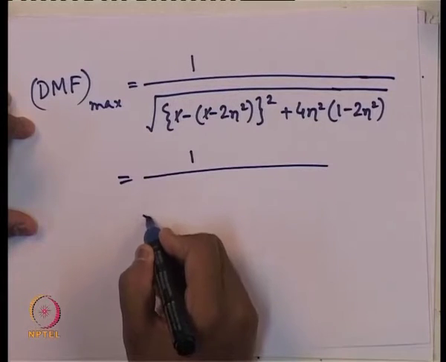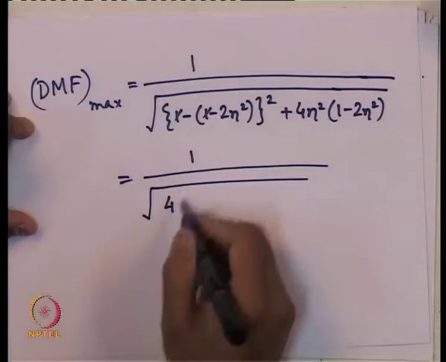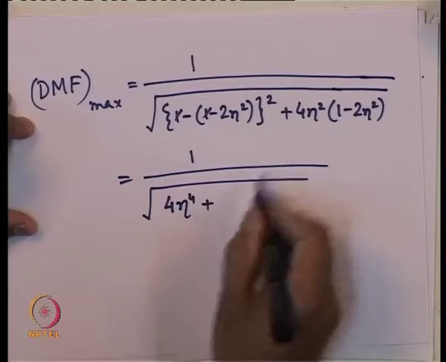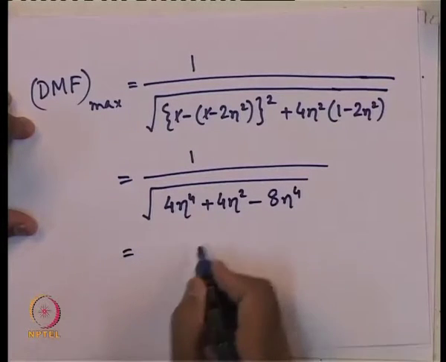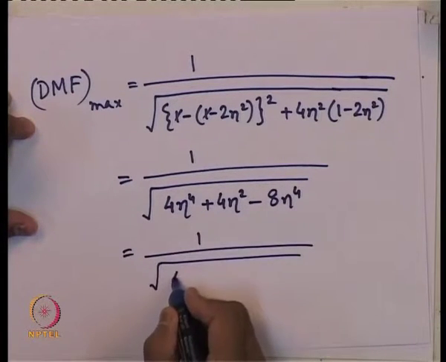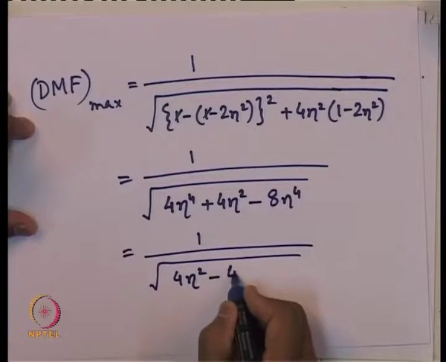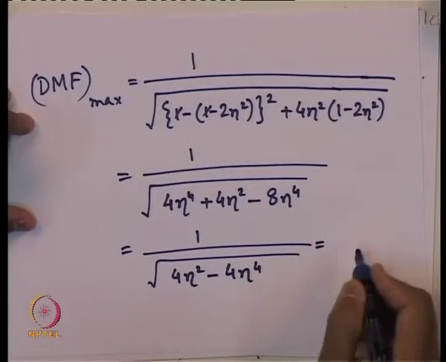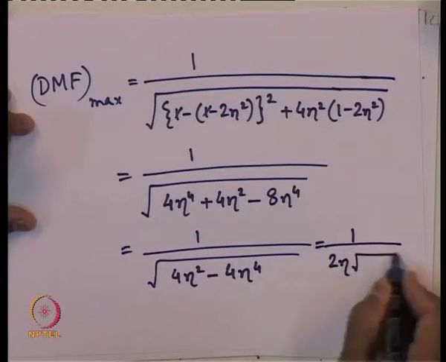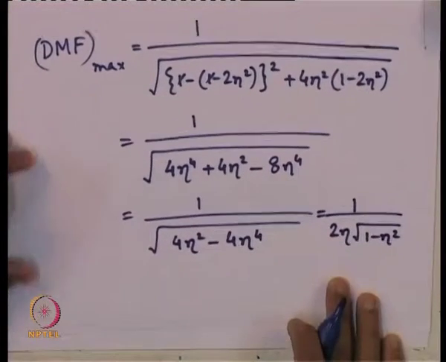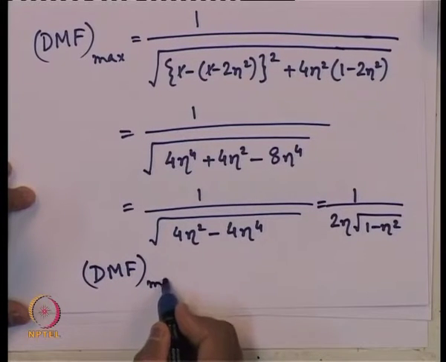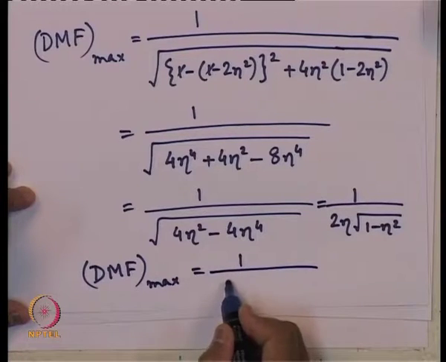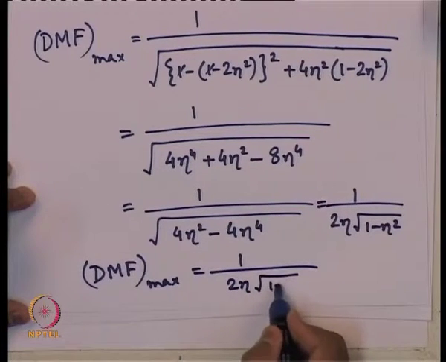So, that will give me 4 eta to the power 4 plus 4 eta square minus 8 eta to the power 4. That is it. 1 by root over 4 eta square minus 4 eta to the power 4, which equals, I can take out 2 eta root over 1 minus eta square. Therefore, the expression for maximum dynamic magnification factor is 1 by 2 eta root over 1 minus eta square.